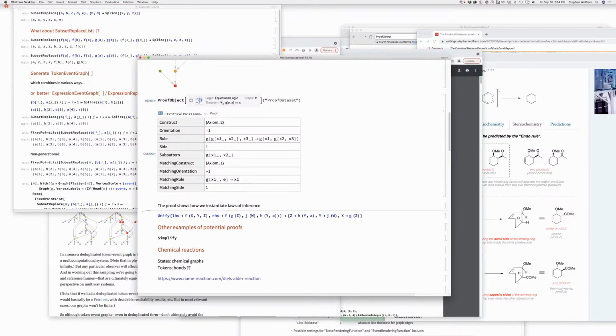Richard is commenting, common sub-expression elimination. That seems like an interesting comment, but I don't fully understand it.